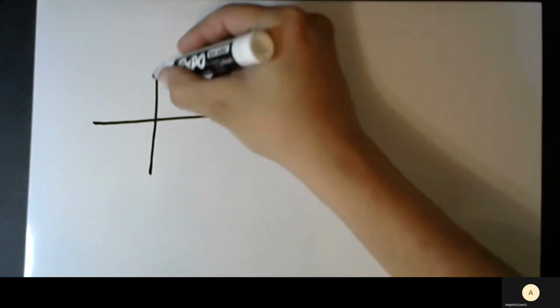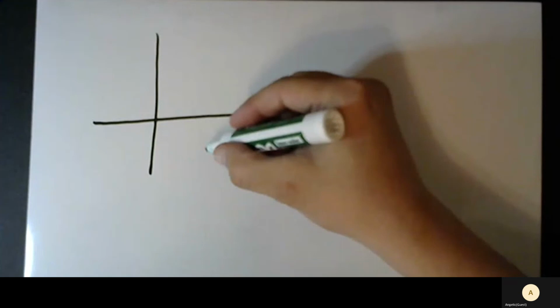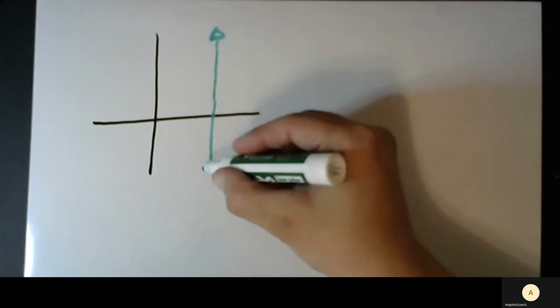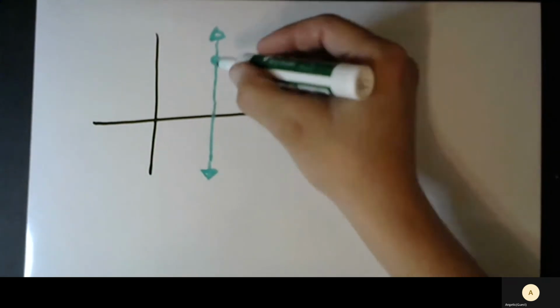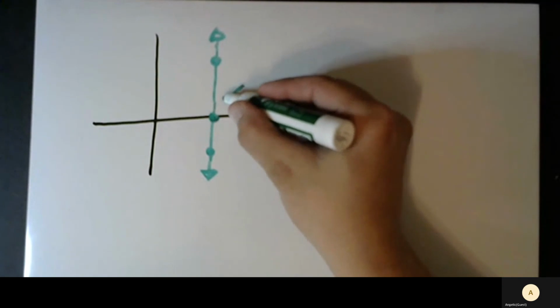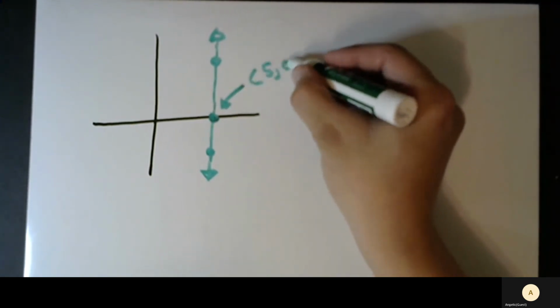Let's say you have a vertical line, and for vertical lines, the x coordinates are all going to be the same. So let's say we have, this is 5 and 0.